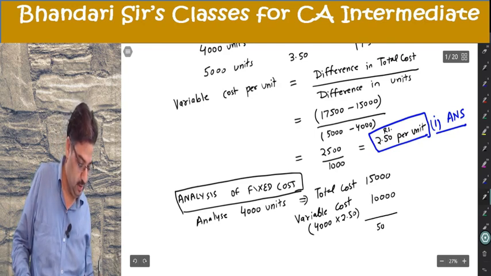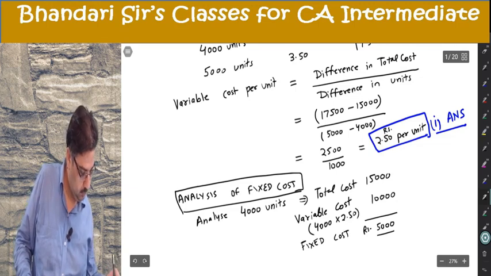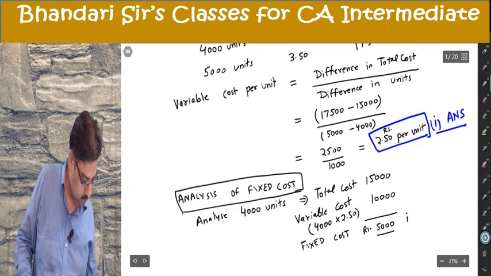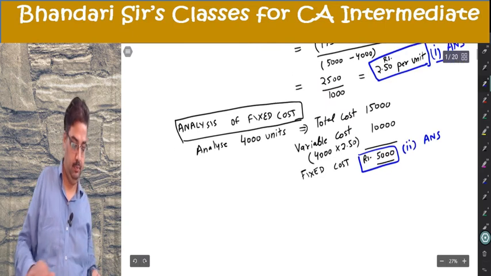The difference is 5,000. This is fixed cost. This is part 2 answer.